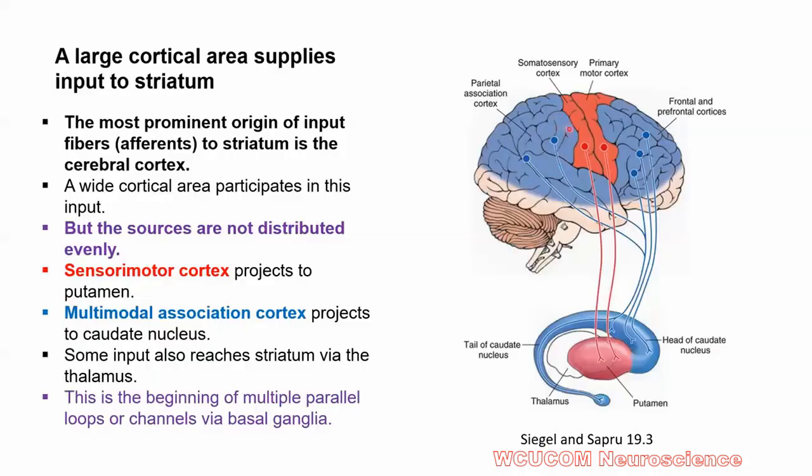From somatosensory and somatomotor areas, the putamen receives most of the afferents, and from higher order and multimodal cortical areas, the afferents will go to the head of the caudate and the rest of the caudate. Now this in fact will play a role in what we call the multiple parallel loops or channels that we'll also address at the end of the lecture.